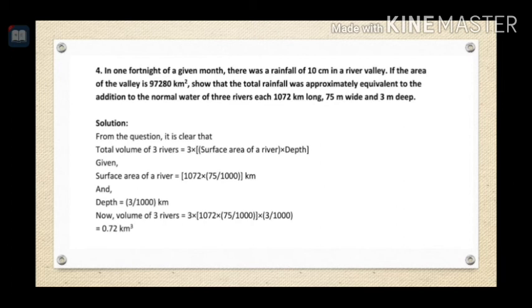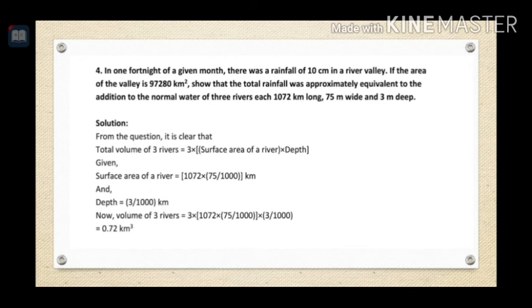From the question, it is clear that the volume of 3 rivers is equal to 3 into surface area of river into depth, right? Now surface area of the river is equal to L into B. Here length is given as 1072 km, breadth is given as 75 meter.